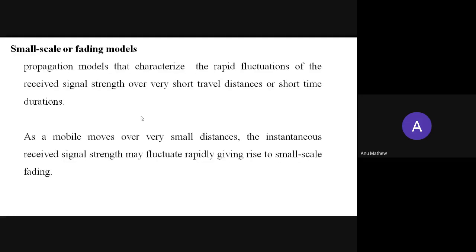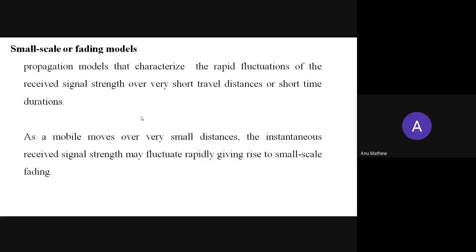The next one is the small scale or fading model. This small scale propagation model characterizes the rapid fluctuations of the received signal strength over very short travel distances or short time durations.